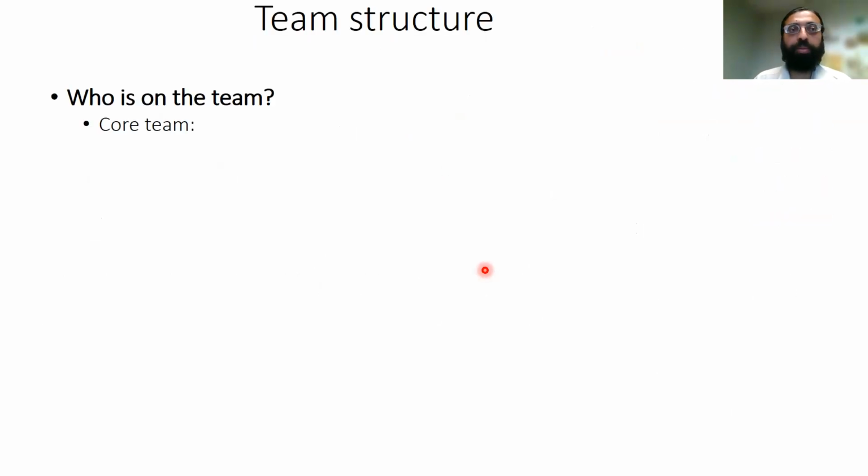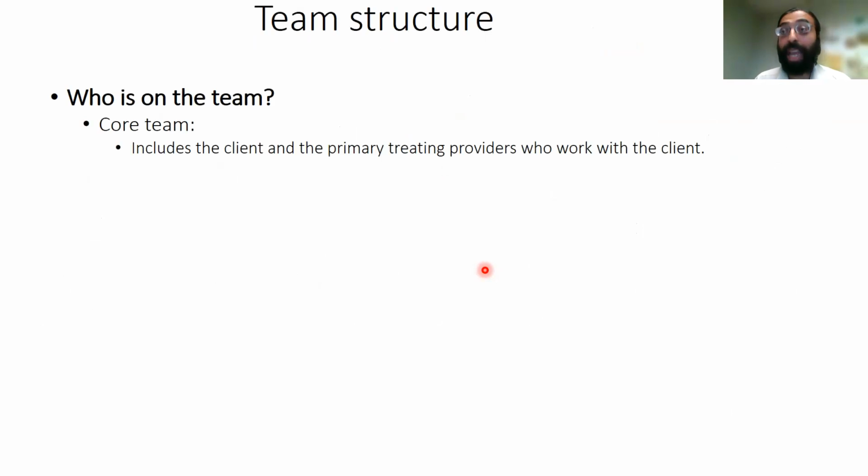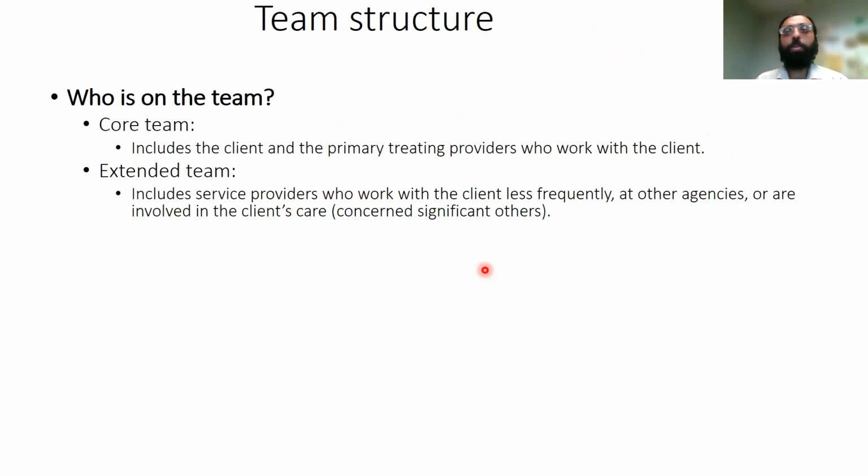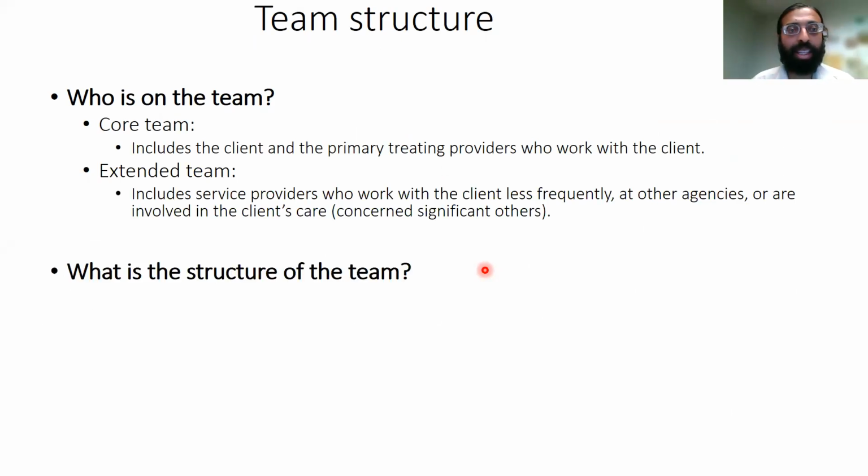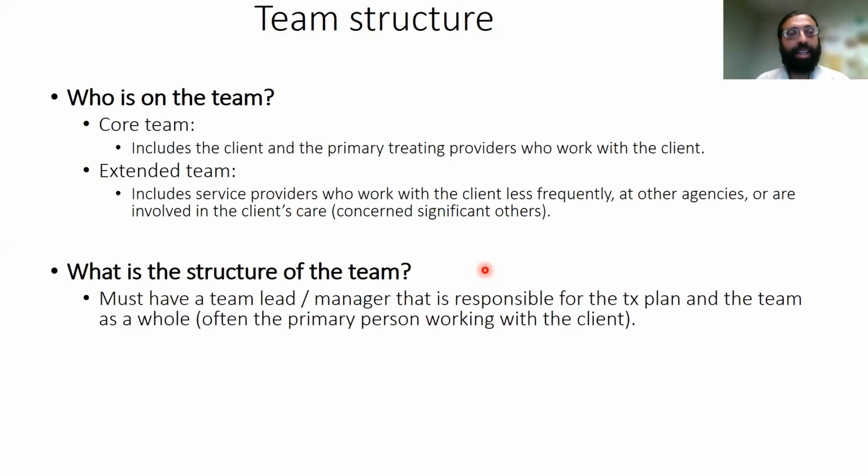So team structure, right? The core team, of course, includes the patient, the client, and the primary treating providers who work with the client. But then the extended team will bring in other components depending on the needs of the client, including significant others, including other providers at other agencies, etc. In terms of structuring the team, we need client buy-in, as we pointed out, and ideally it really helps to have a team lead or manager who guides and coordinates all the efforts.